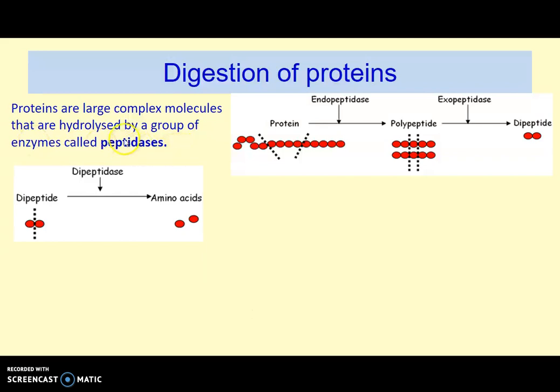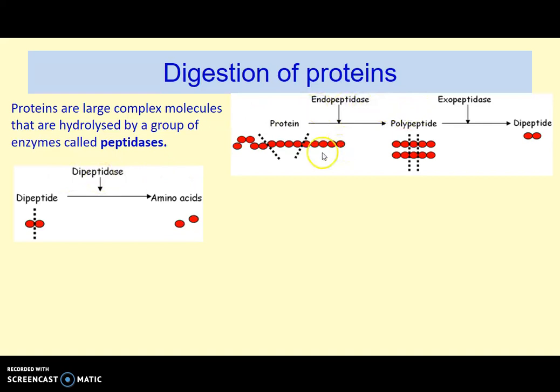So if we look at the diagrams again here, we have three types of protein enzymes that you need to know about. They are all peptidases, but we have endopeptidases, exopeptidases, and dipeptidases.